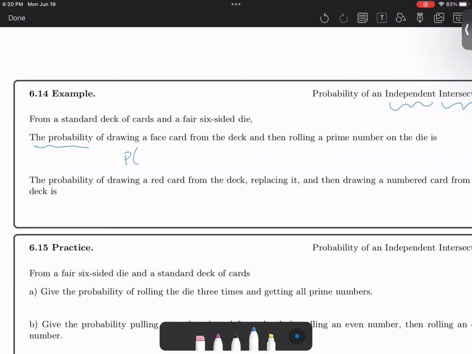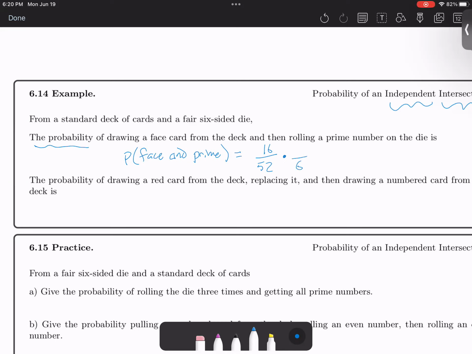So the probability of pulling a face card and then a prime number on the die, out of the 52 cards in the deck, how many are face cards? There's 16 of them. And when you roll that die, how many options are there?